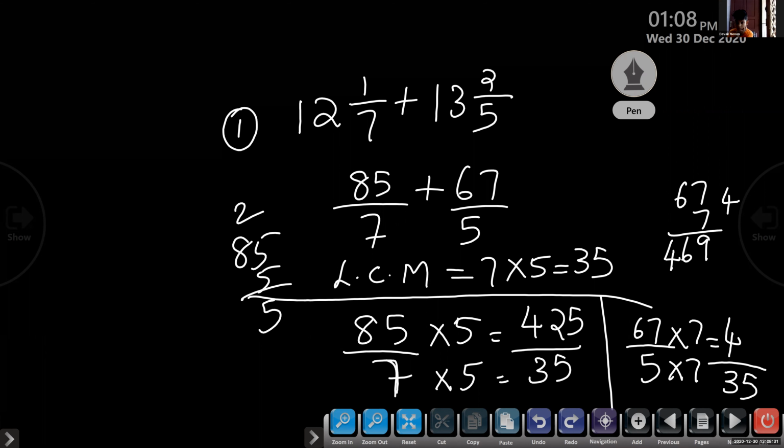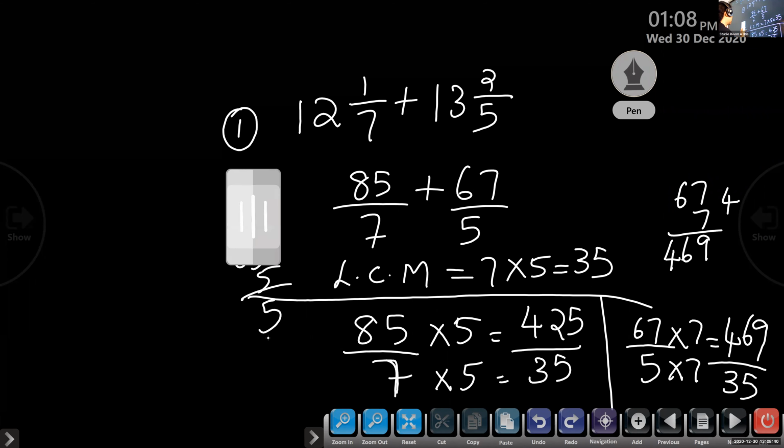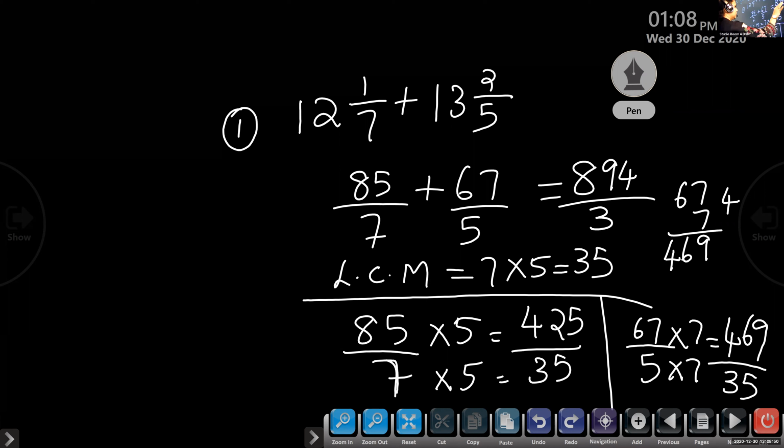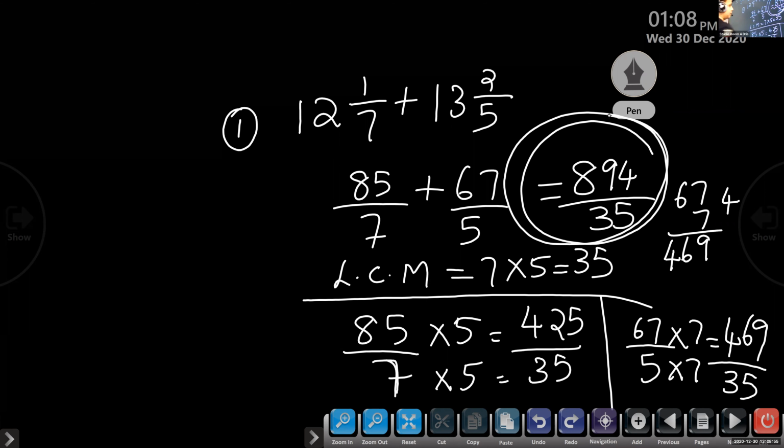So when you add 425 and 469, what you will get? The answer will be 894 by 35. Children, this is the answer. You can check whether you got this correct answer.